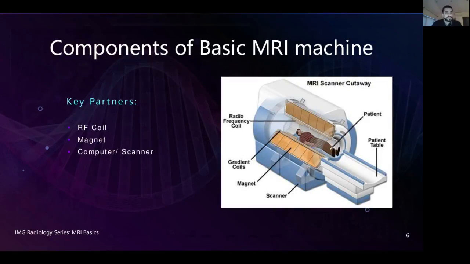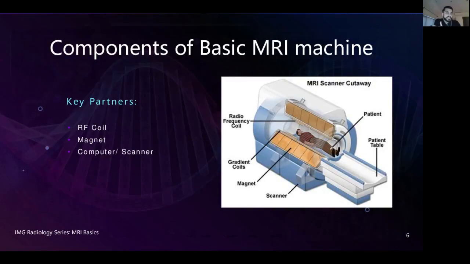Okay, so we've got a couple of different types of components in the MRI machine. We've got a magnet, we've got different coils, and we've got a computer, or essentially a scanner, and they all work together to produce an image. And that's your MRI image.